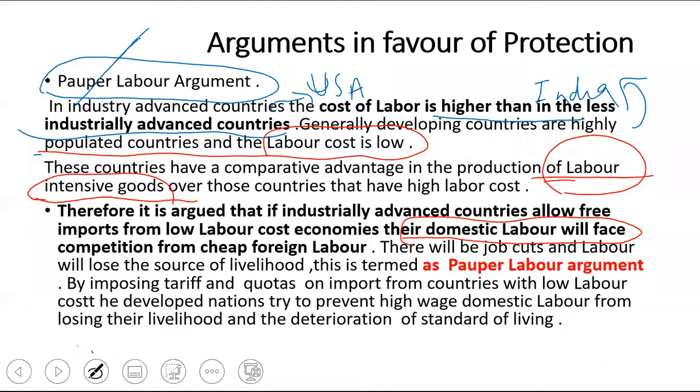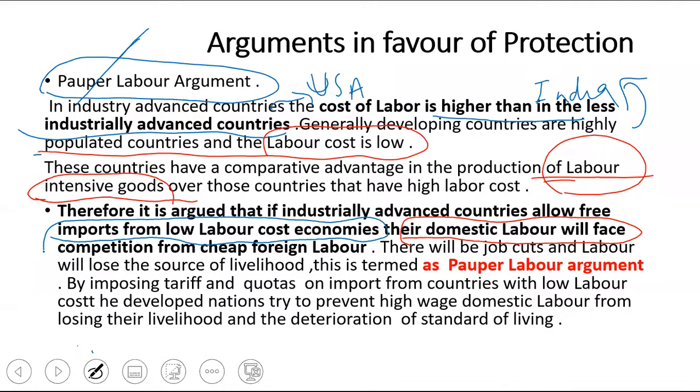So if the industrially advanced countries allow free import from low labor cost economies, look, free import from India, what will happen? Their domestic laborers will become unemployed.